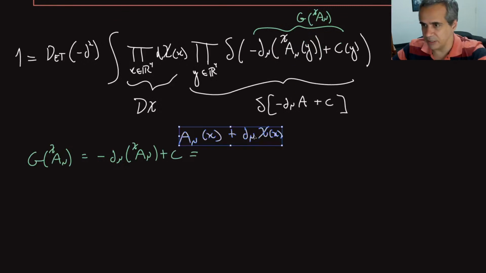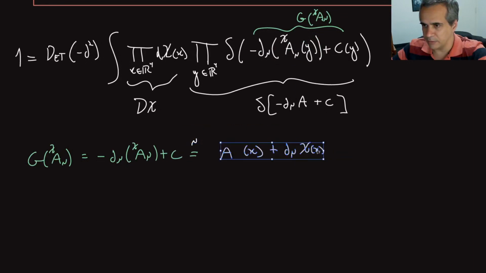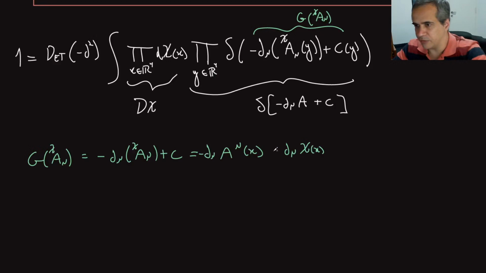So this will become just del mu A mu minus, because there's a minus there, the second derivative of chi, plus c.